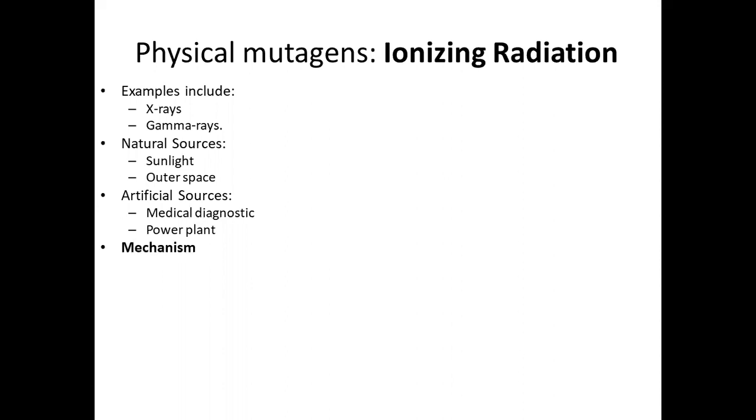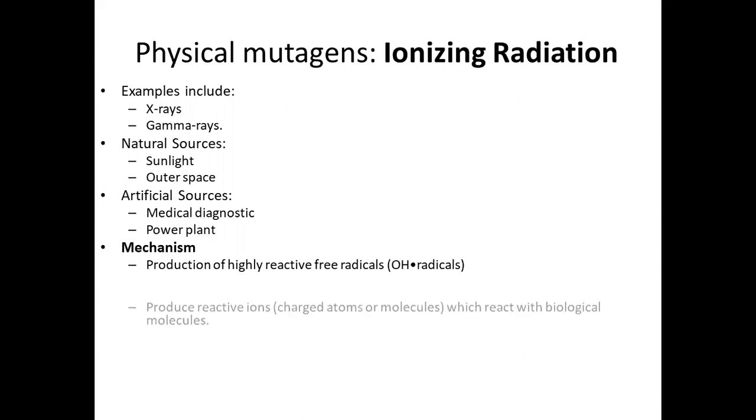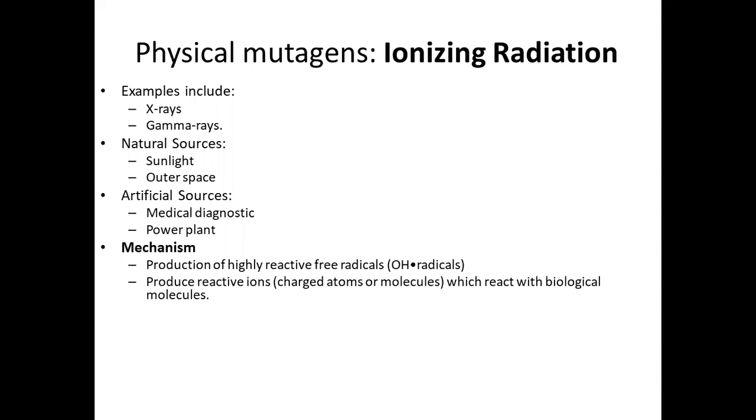So how do ionizing radiations cause mutations? How are they mutagens? They produce what are known as highly reactive free radicals. These radicals are going to react with biological molecules. So there will be an interaction between these reactive free radicals and the DNA, the proteins, and the lipids in the cell membrane.